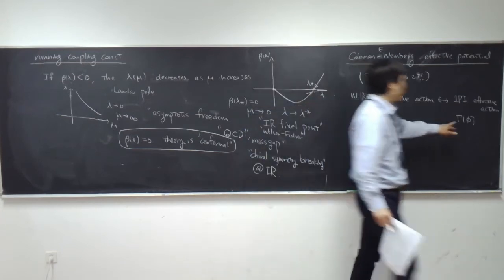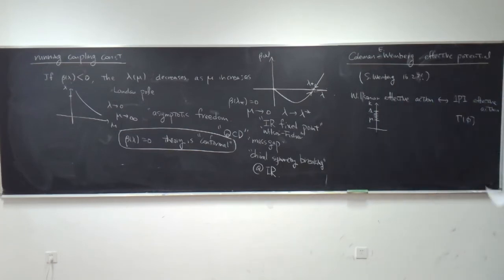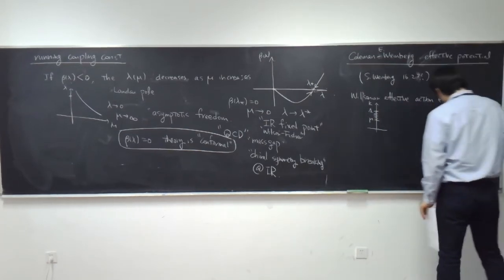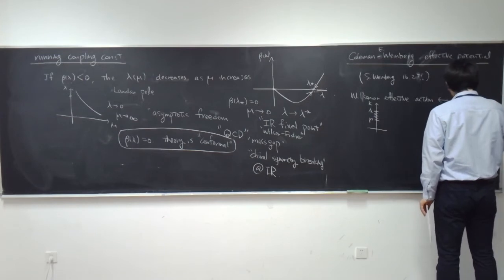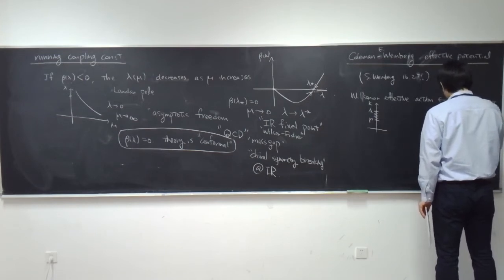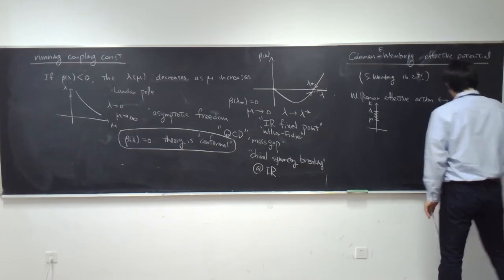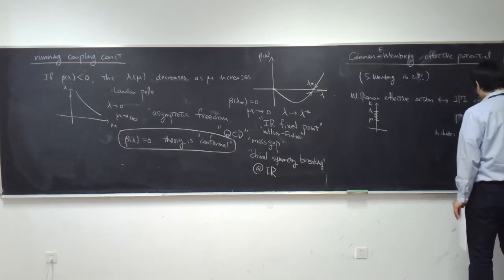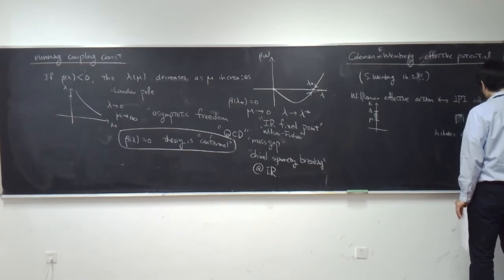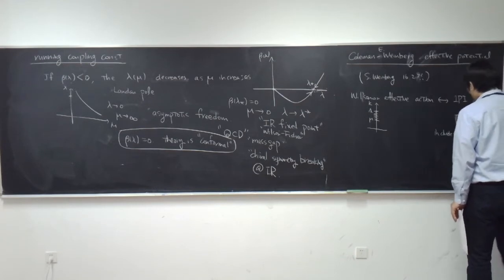Whereas gamma of phi, in principle, includes all quantum corrections.